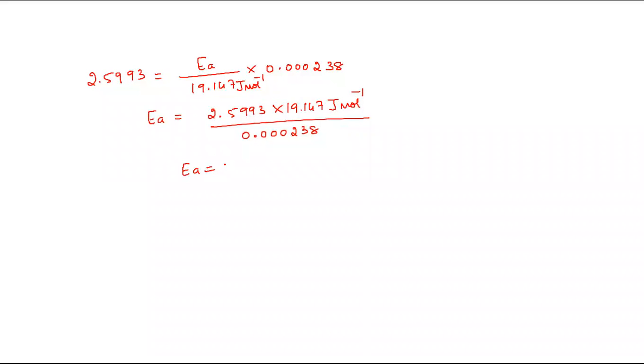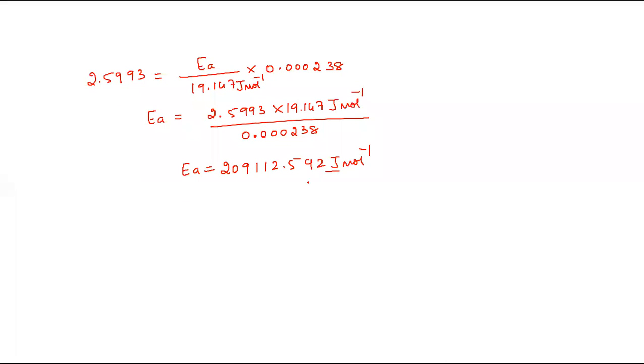Let us see what answer comes. Okay, 2.5993 into 19.147 divided by 0.000238. So my answer, what I got in my calculator, is 20912.592 joule per mole as it is.